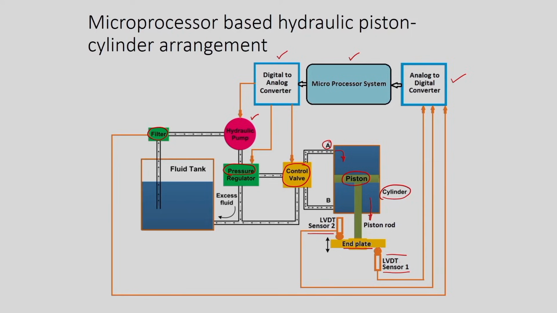LVDT is in direct contact with the end plate. The sensor input will be used by the microprocessor, and if the displacement is as per the desire, it is fine. If it is not as per the set value, then it will ask the hydraulic pump to pump more fluid at port A till it achieves its designated value, the set value.